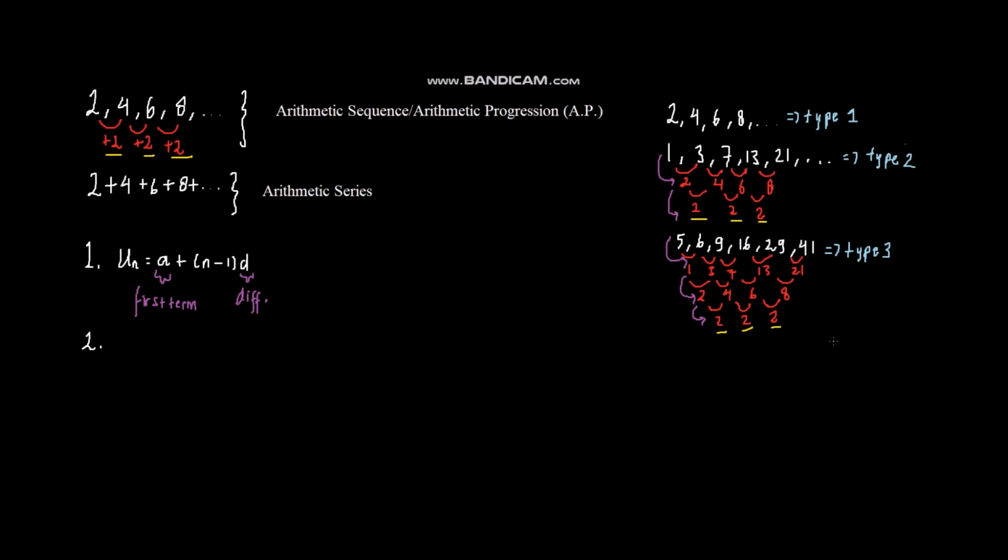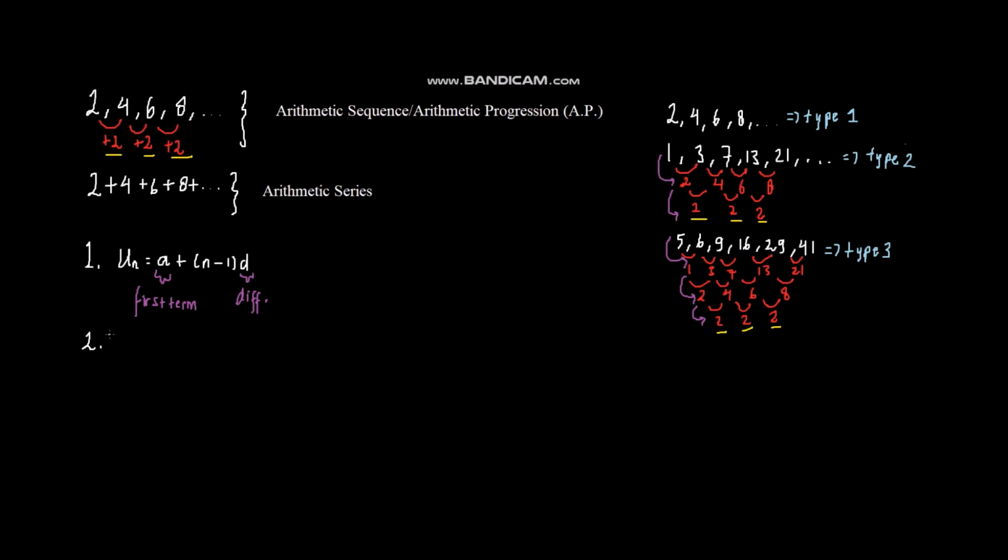It really depends on how crazy the sequence is. I've never actually seen a problem like that, at least until high school. So yeah, we'll try to discuss type 2 and type 3, okay?